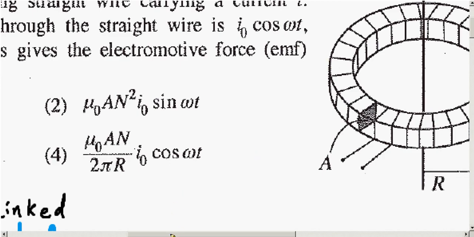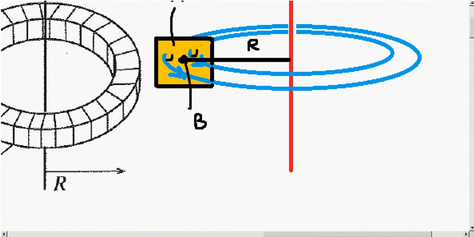So here the same thing, but the diagram is 3D. μ₀I divided by 2 pi, the distance is r here, therefore we write r.